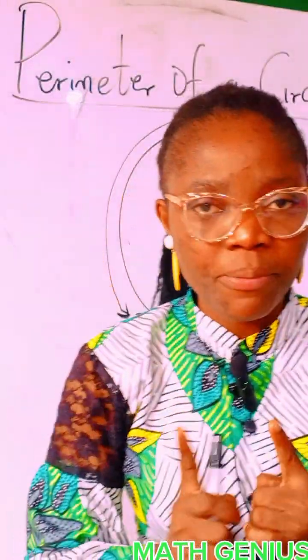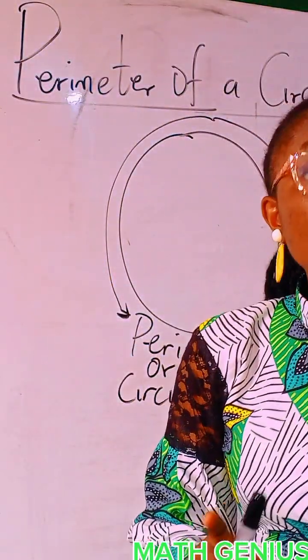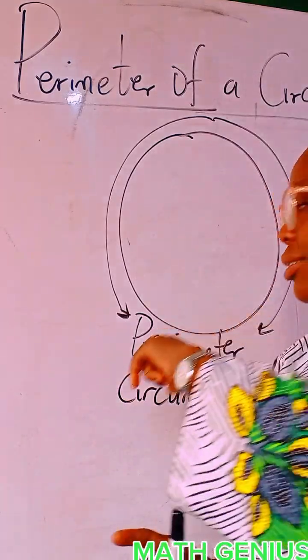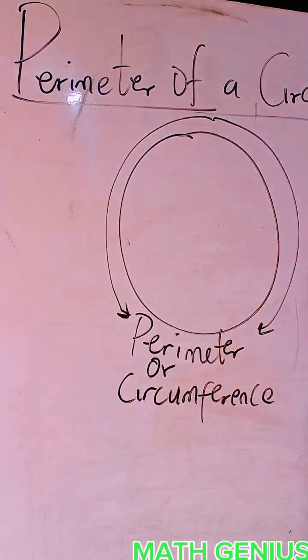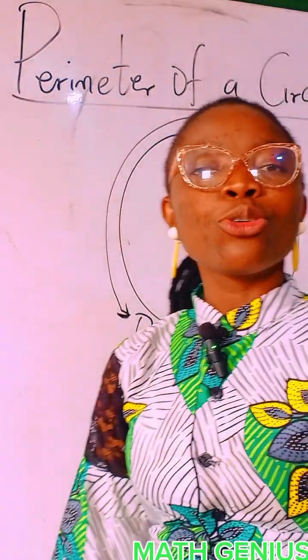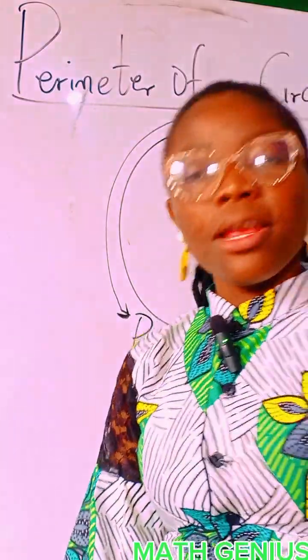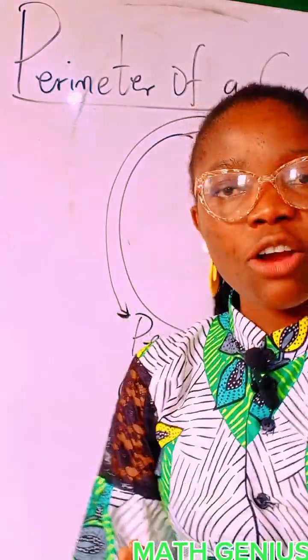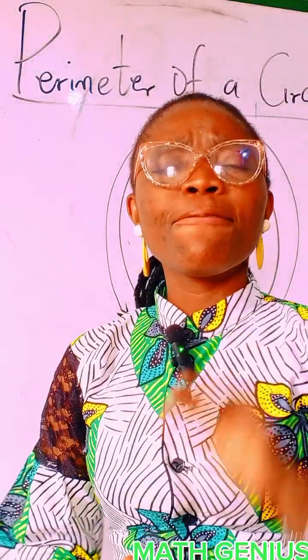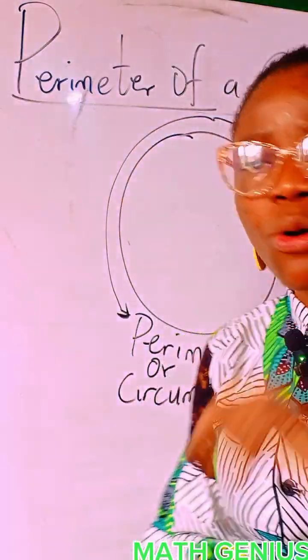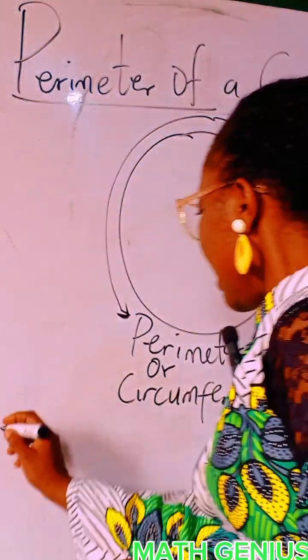You can call it either the perimeter or the circumference. Now, in finding the perimeter of a circle, a given formula is needed.